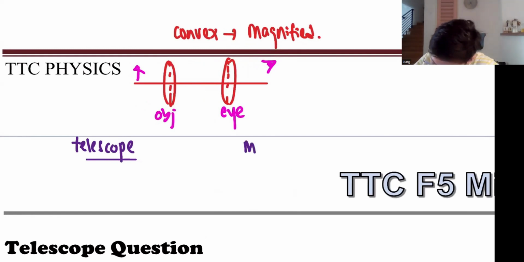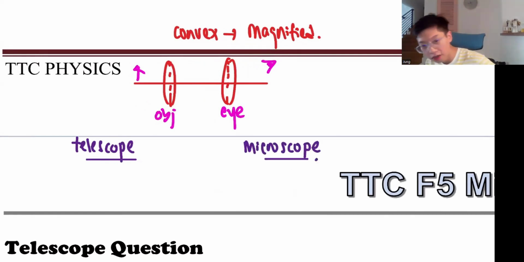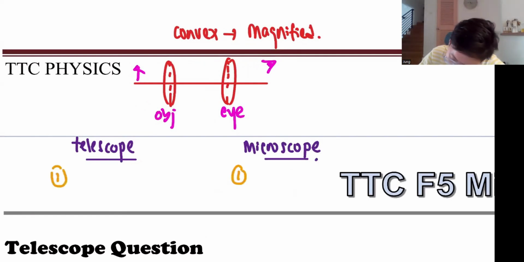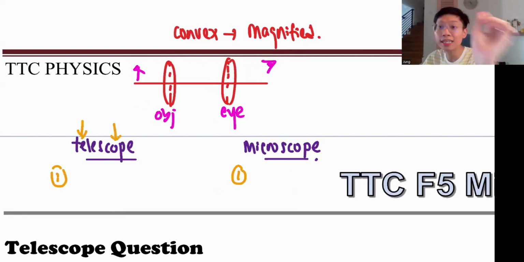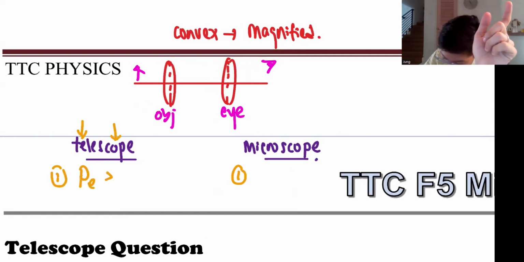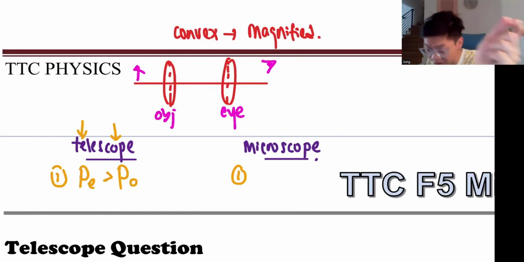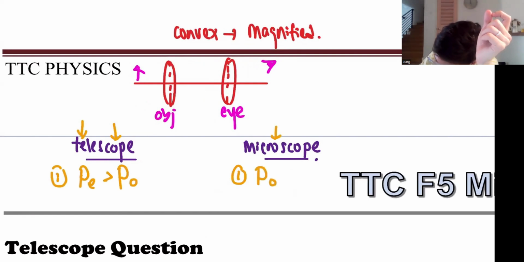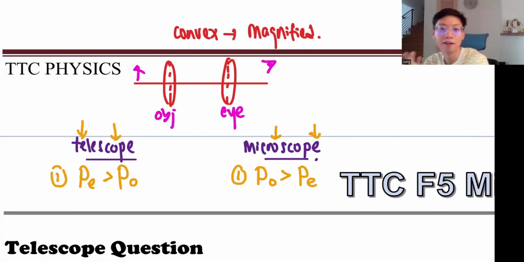Telescope. Microscope. Step one. When we look at telescope, you see E then only O, meaning to say that the power of your eyepiece lens is larger than the power of objective lens. Power of objective lens is larger than power of eyepiece lens for microscope. Understand?